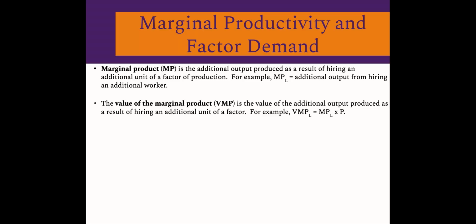The next term that you really need to know is value of marginal product, okay? Essentially, this is the monetary value that one more person gives you. For example, if I'm a pizzeria owner, I hire one more worker. That one more worker can make me 5 more pies. So right here in this equation, MPL is the 5 pies.